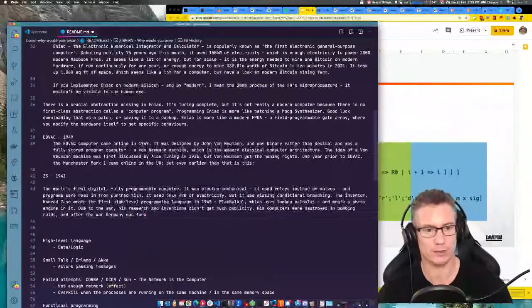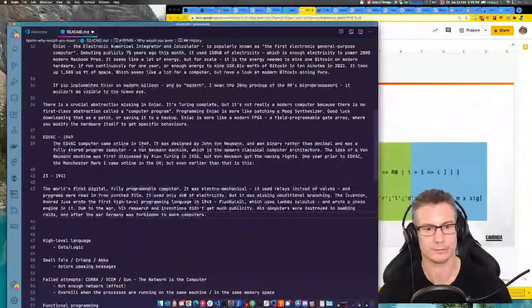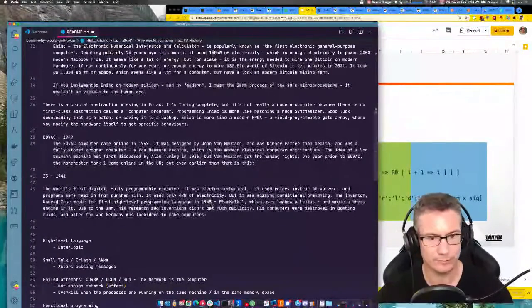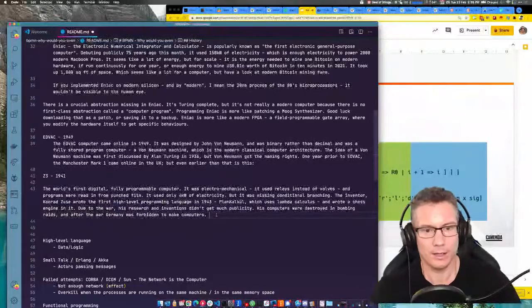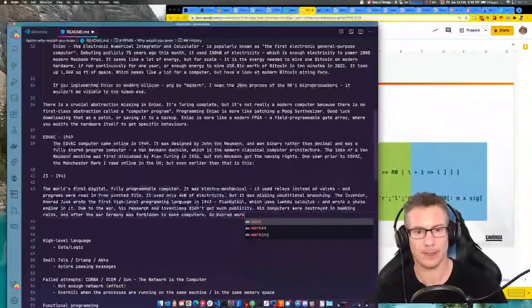Germany was forbidden to make computers. So Konrad worked on his programming language on paper.